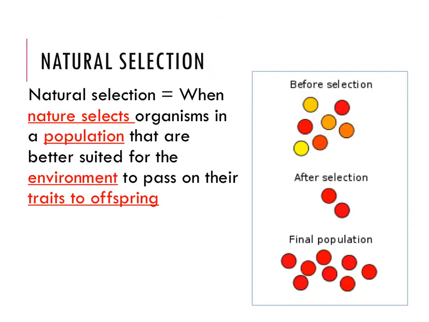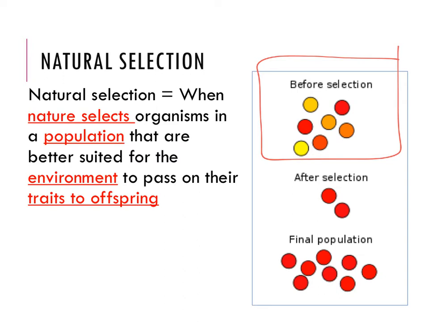Now, natural selection, we've talked about it, right? It's when nature selects organisms in a population that are better suited for the environment to pass on their traits to offspring. So let's go ahead and look at this. It says before selection, you'll see I have all kinds of dots: the yellow, the orange, and the red.